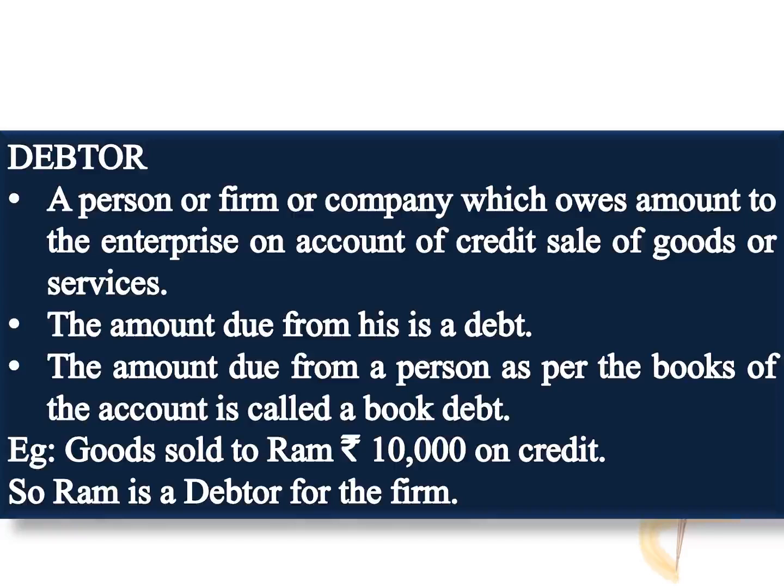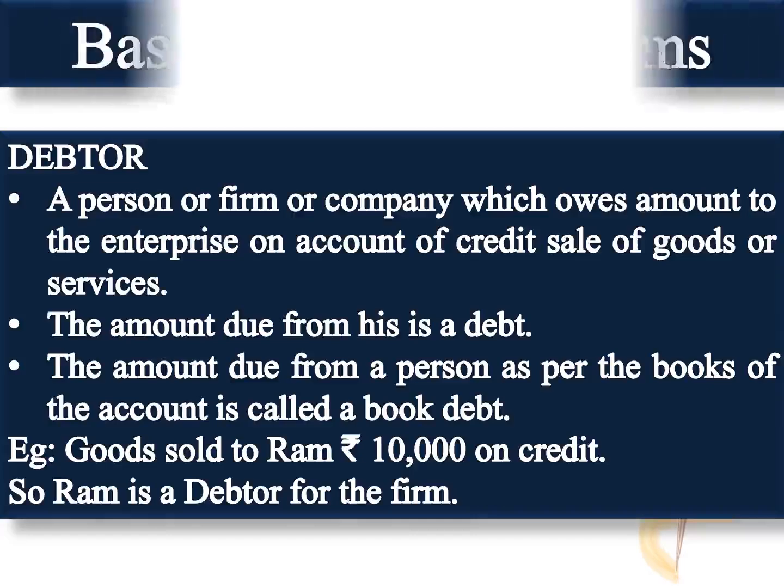So the amount due from him is a debt. The amount due from a person as per the books of account is called a book debt. For example, goods sold to Ram rupees 10,000 on credit. So Ram is a debtor for the firm.